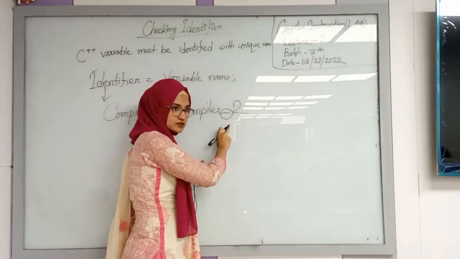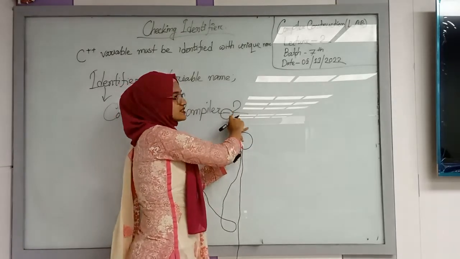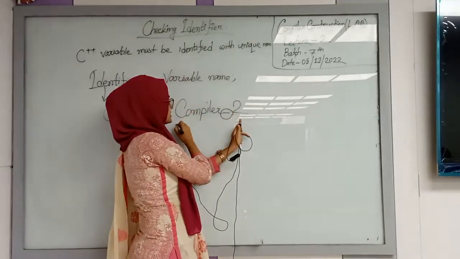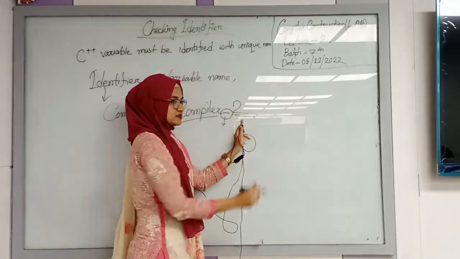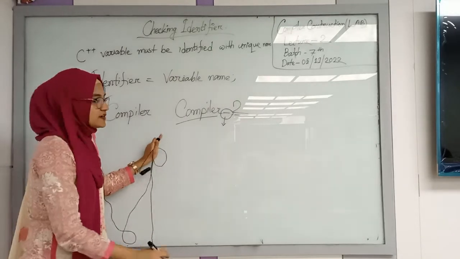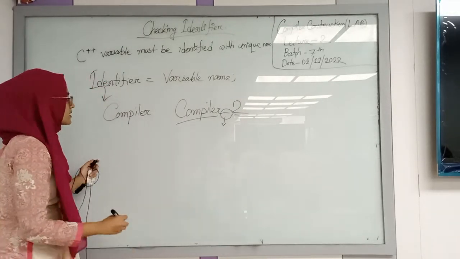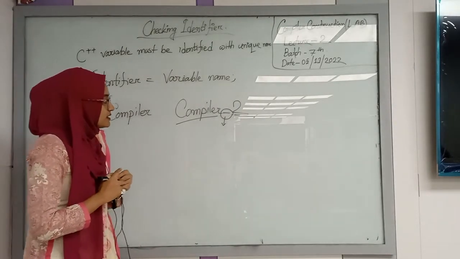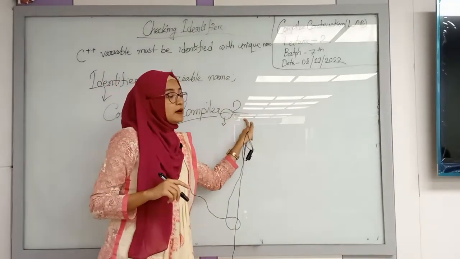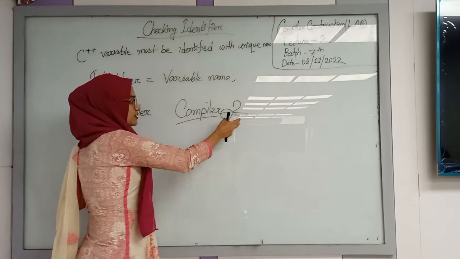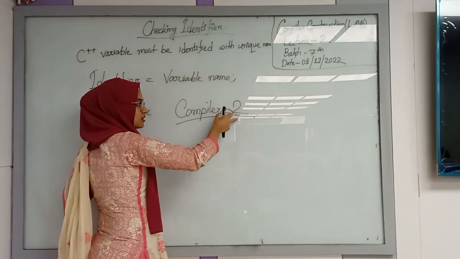You can use it. Okay, 2 is a digit. So it contains everything: alphabets, special character and a digit. It is also an identifier or variable name. You can use the special character and digits at the end or in the middle.